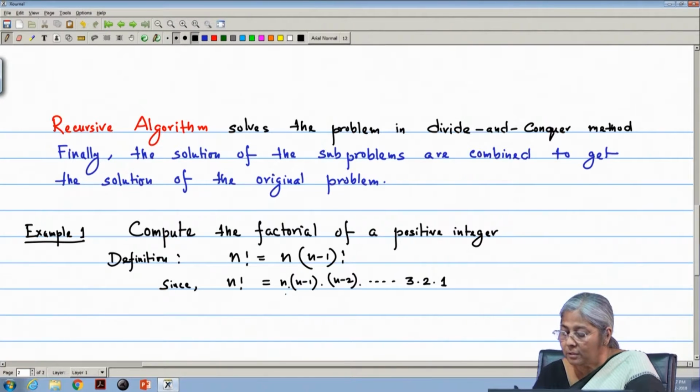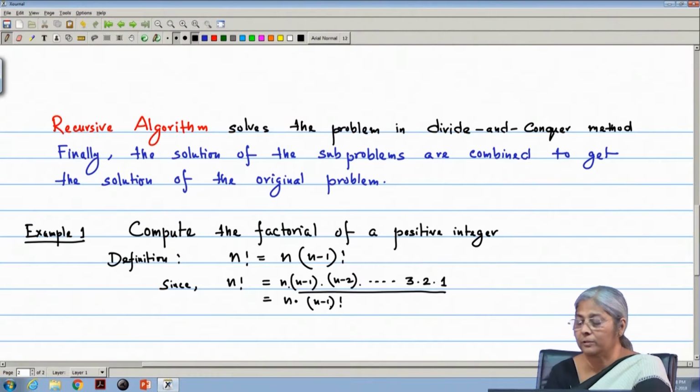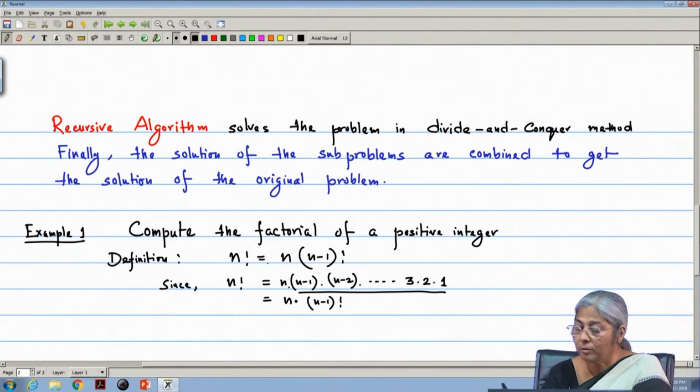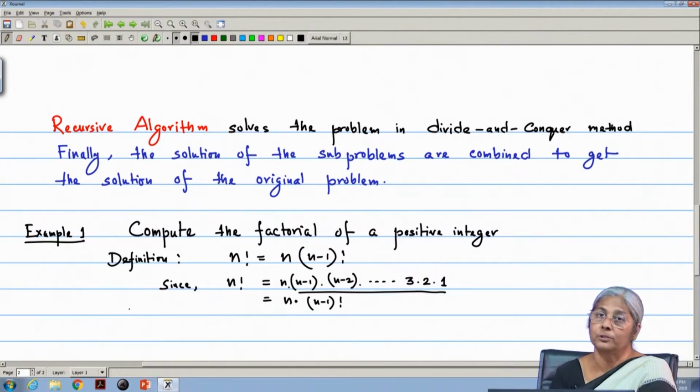This is the same as n times n minus 1 factorial. Now, if we see the nature, n factorial is n into n minus 1 factorial. That means I can frame a function with smaller inputs, because n minus 1 is less than n.